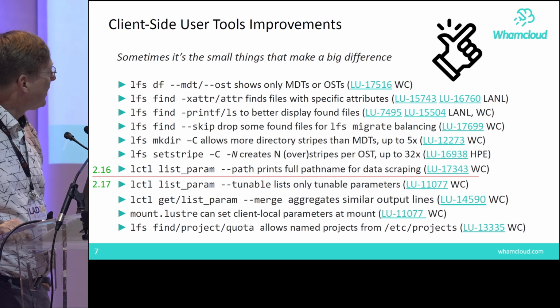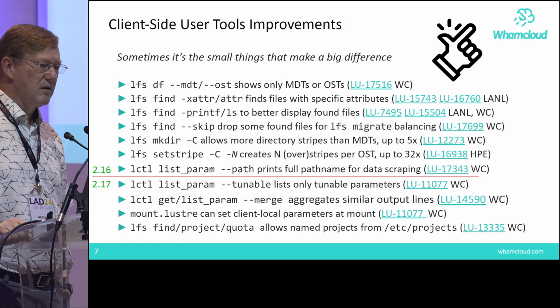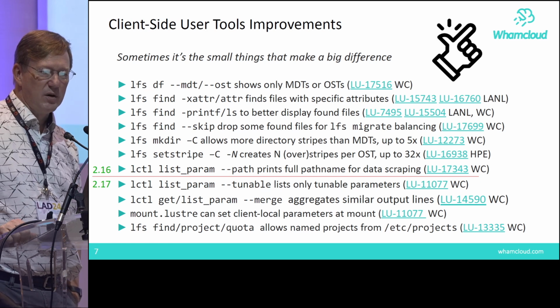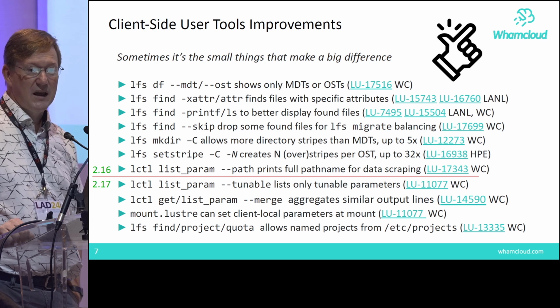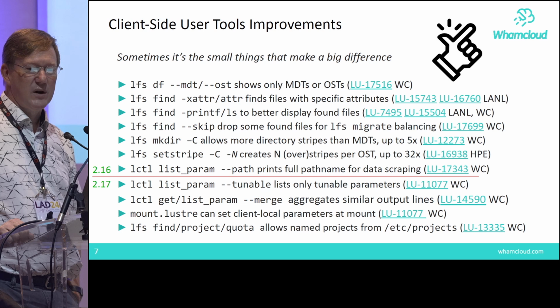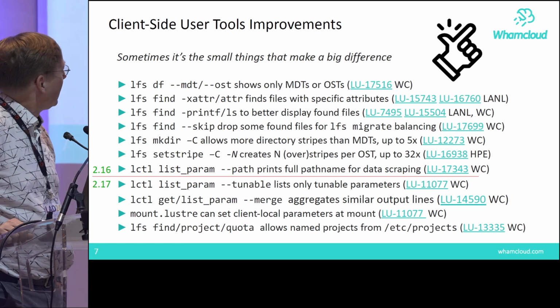But a usage enhancement is you can specify lfs setstripe -c with a negative stripe count of -2 or -4, and that will say, put 2 stripes on each OST, or put 4 stripes on each OST, right? So it's just a nice way to not have to calculate, oh, there's 27 OSTs and I have to write in 54 or 108 into that number there. It'll work it out for you.